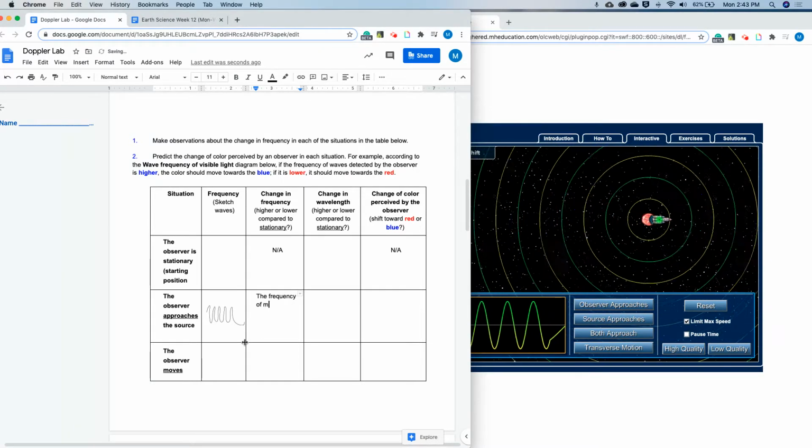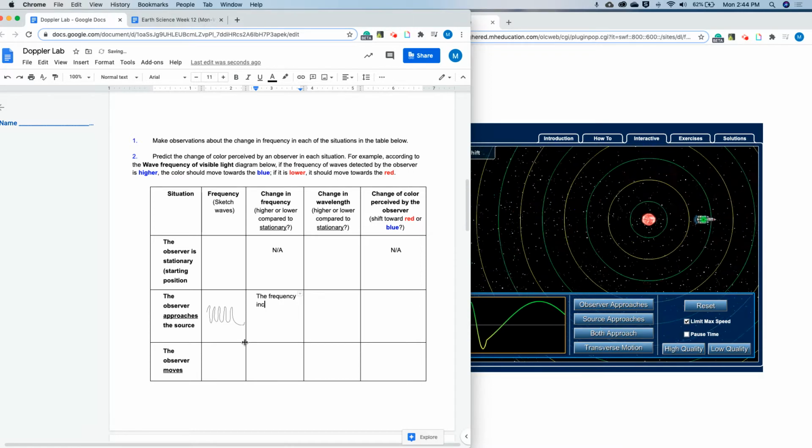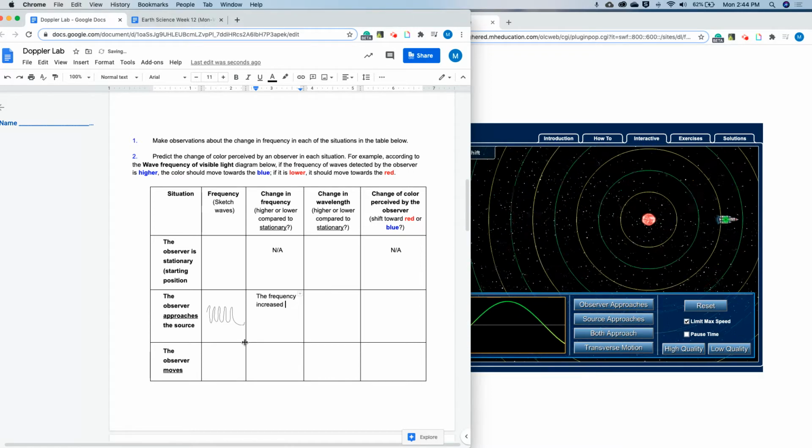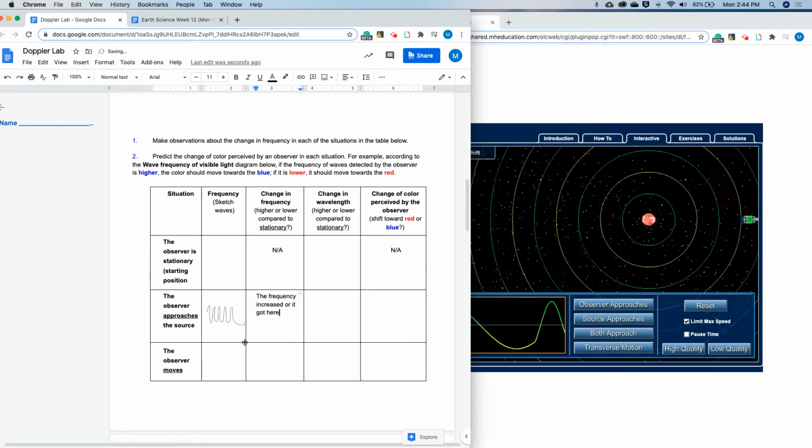the frequency, I can just put the frequency increased or it got higher.